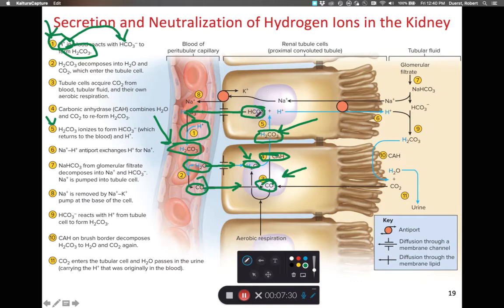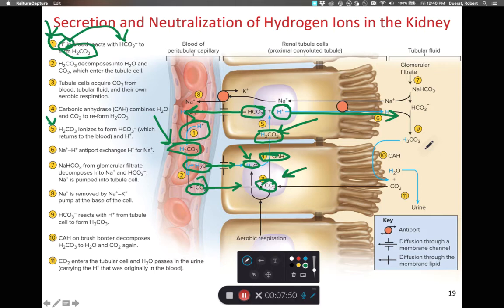And now we've lost a -1 ion from the cell. And over here, the hydrogen ion is going to be dumped into the filtrate, or the renal tubular fluid, as that urine is forming. So now we've lost a -1 and a +1 ion from the cell.